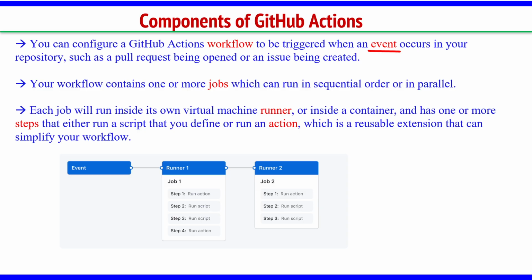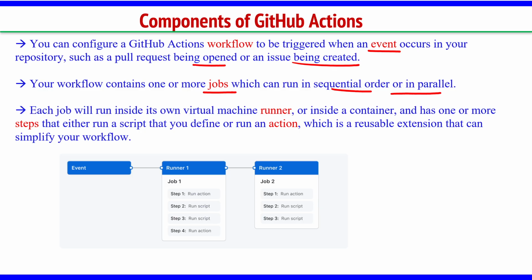A workflow can be triggered when an event occurs, some change such as a pull request being opened or an issue being created. Whatever change you make in GitHub, a workflow is automatically triggered based on that. Your workflow contains one or more jobs which can run in sequential order or in parallel.